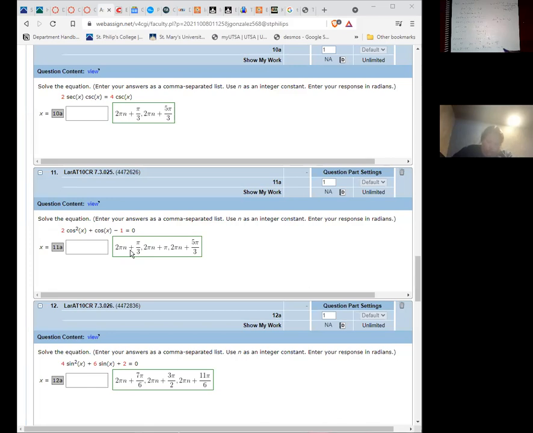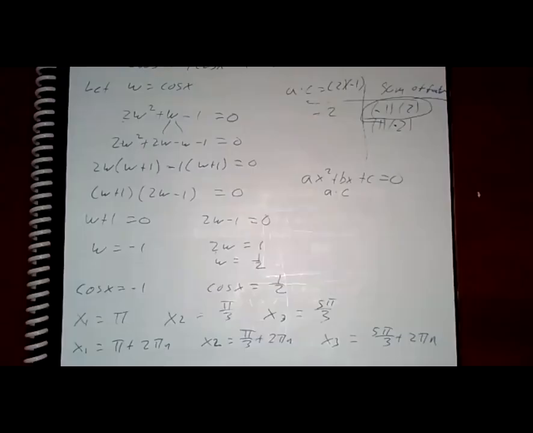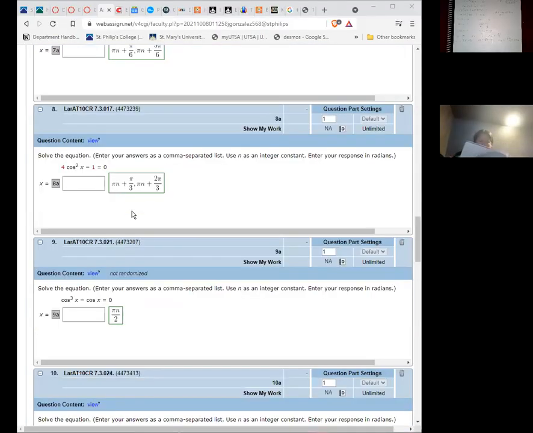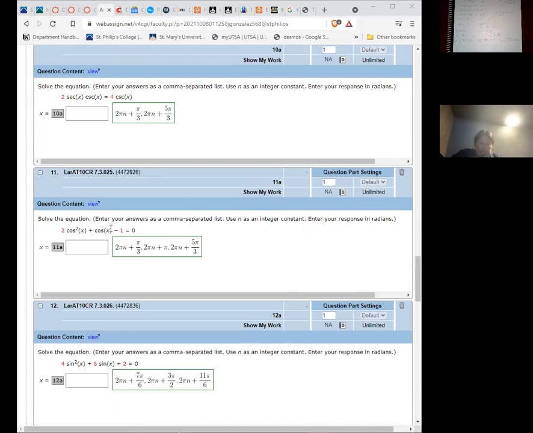And x3 is 5 pi thirds plus 2 pi n. So we're factoring and isolating cosine in order to solve for the angle. All the beginning step was just an extra thing because the question wasn't as simple, right? In order to isolate, we had to do algebra factoring here for a quadratic.